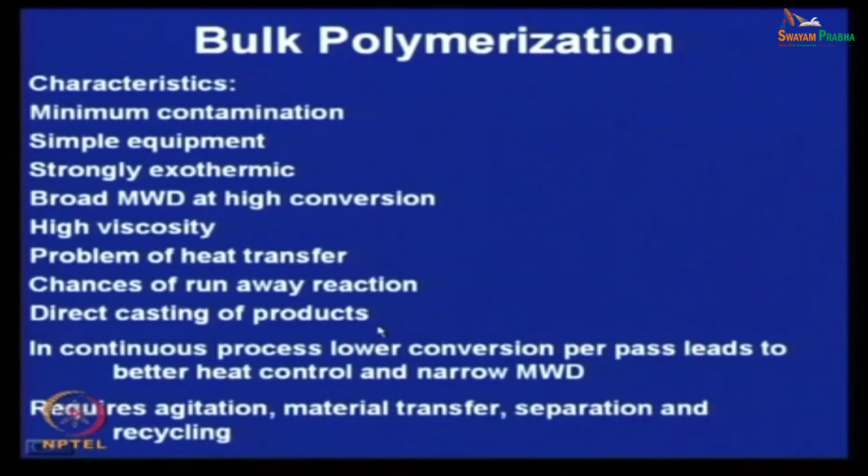What does it mean? In order to avoid that high viscosity increase in a big reactor, a pre-polymer of lower conversion is made, and that pre-polymer is used for direct fabrication of product.